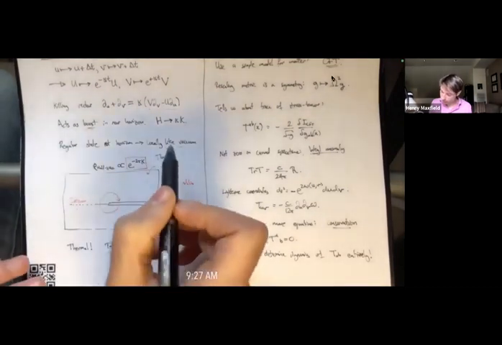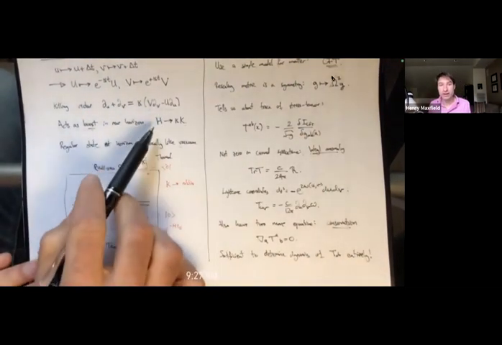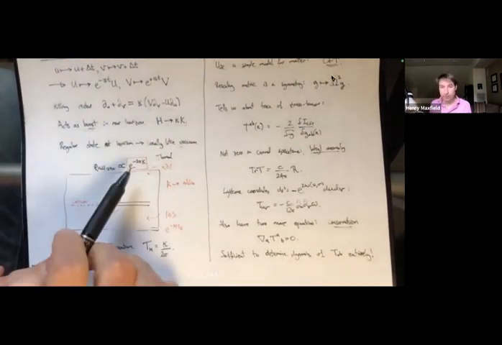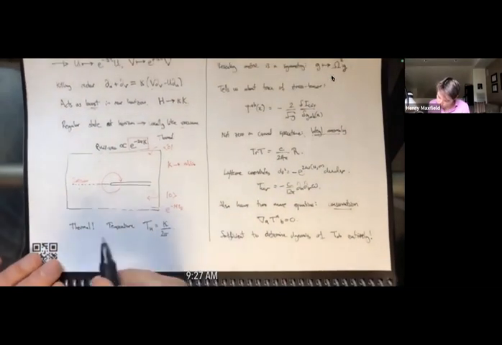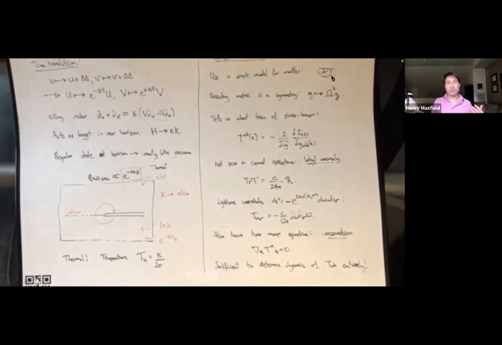So it means that the vacuum near the horizon, if you express it in terms of the Hamiltonian asymptotically, looks like a thermal state. And in particular, the temperature of that thermal state is given by the surface gravity. So if you're a distant observer, there's a sense in which the near horizon looks thermal.